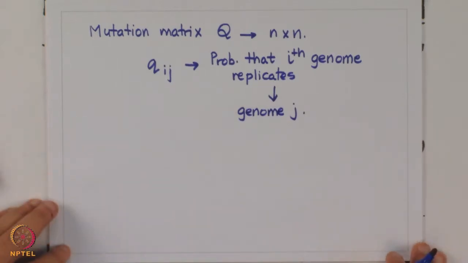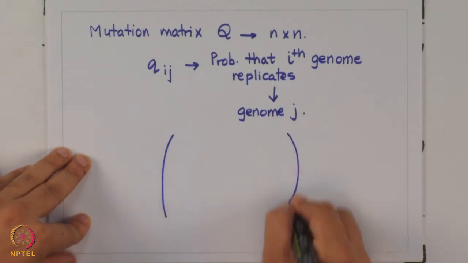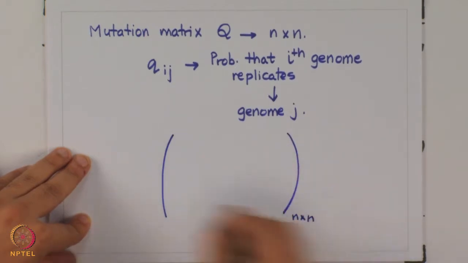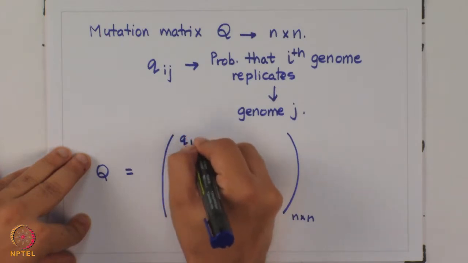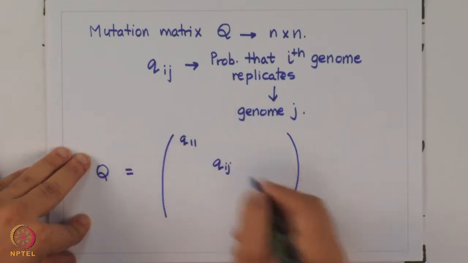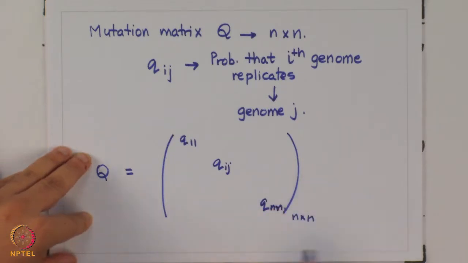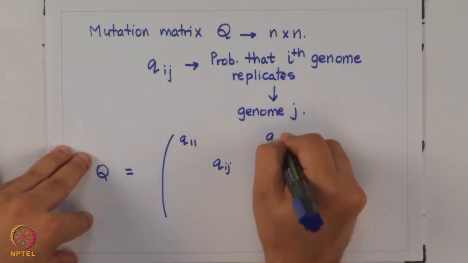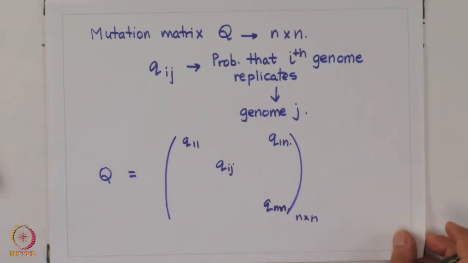That's what this represents, and we saw that this Q matrix is an n cross n matrix with Q11, Qij, and the last entry is Qnn, and so on and so forth. So, we have this as the structure of the matrix Q.